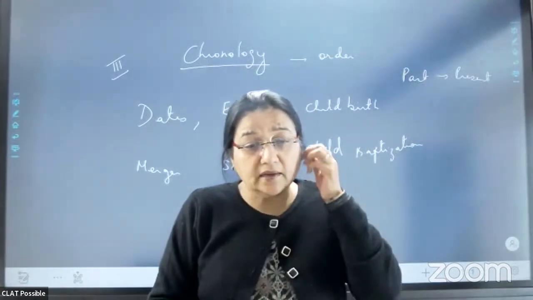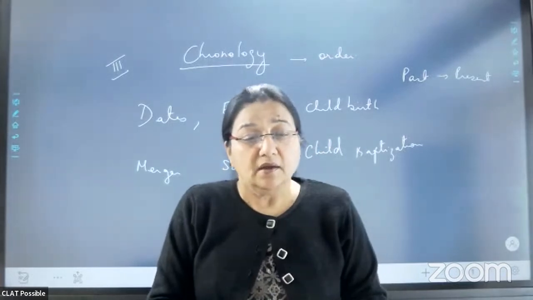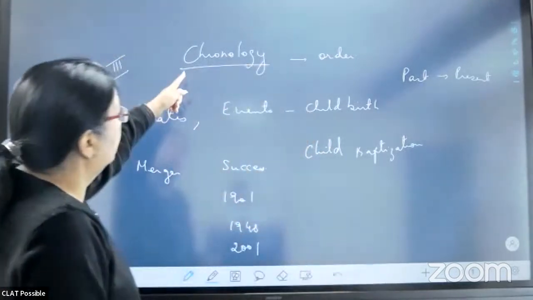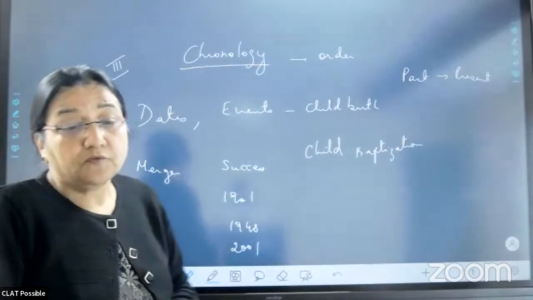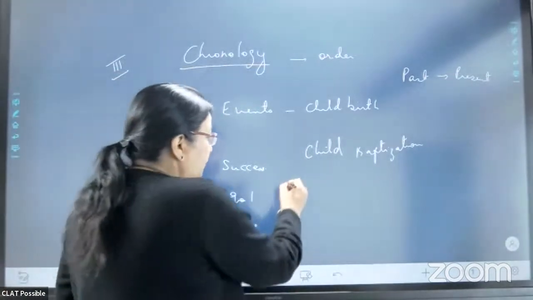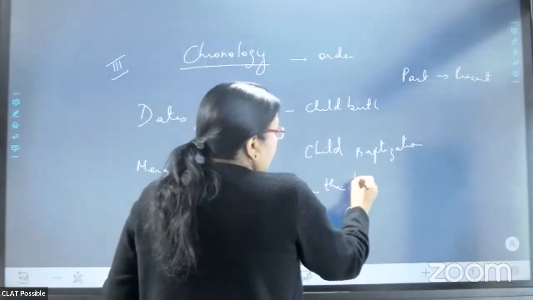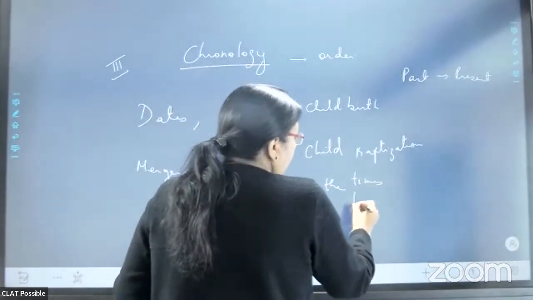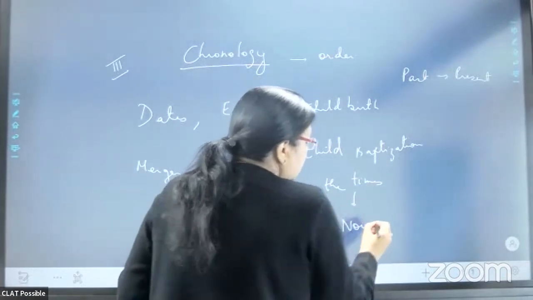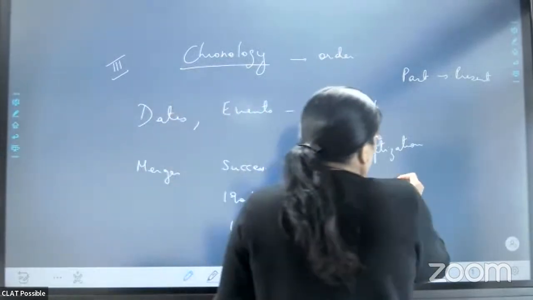So easily we can make out that probably we will have all the things that are going to be arranged in the order. Now, from medieval times to present, it can also be from times immemorial to now. Can you see this is also chronology?